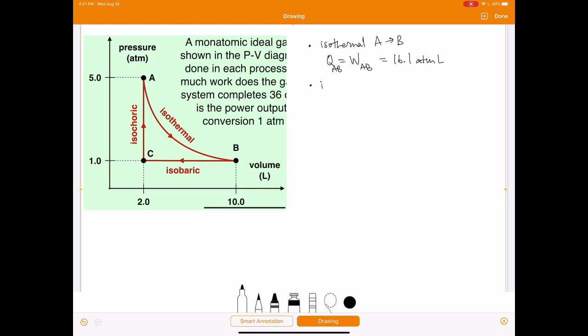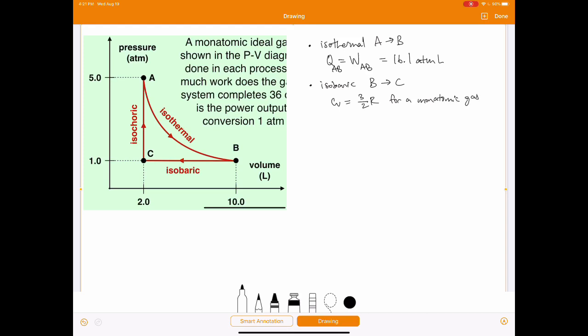Next, we're going to do isobaric. That's the one that takes us from point B to C on the diagram. And we're going to be dealing with the specific heats, so let's just do a kind of side note about that. CV is 3/2 times R for a monatomic gas.